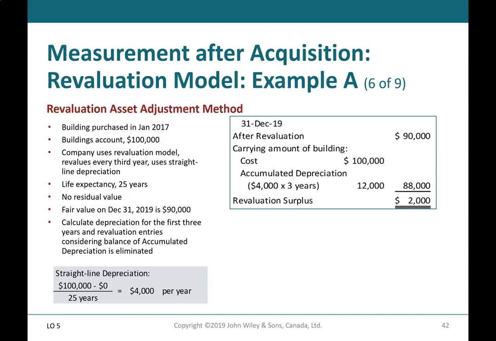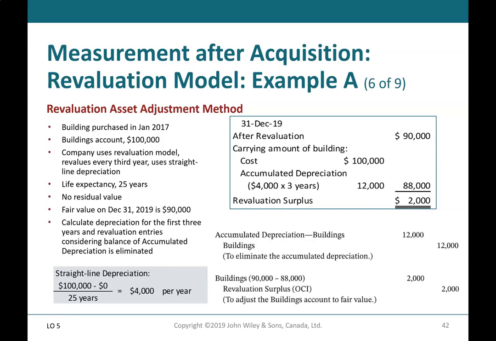So the revaluation surplus is 2,000. You would debit accumulated depreciation building for 12,000 and credit building for 12,000 to eliminate the accumulated depreciation. Then you would debit building for 2,000 and credit revaluation surplus OCI for 2,000 to adjust the building's account to fair value.